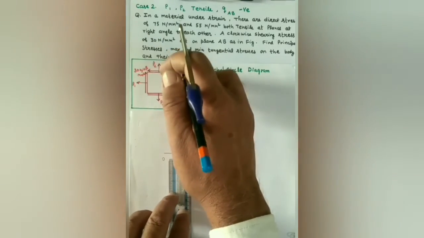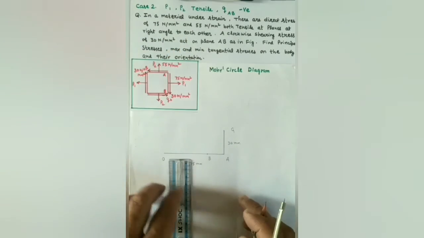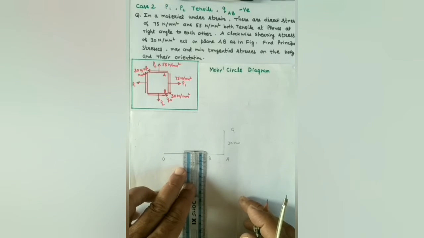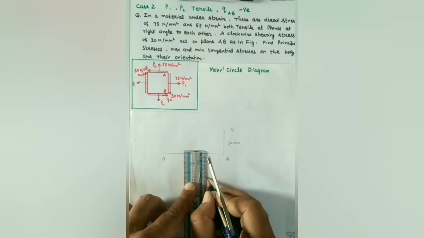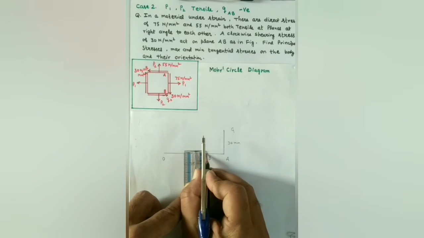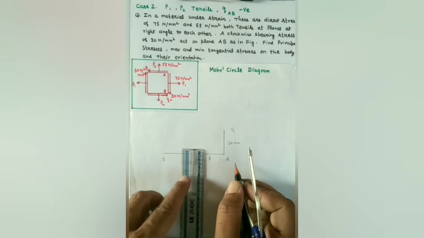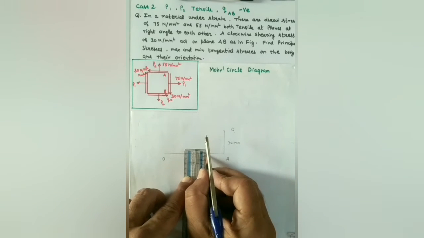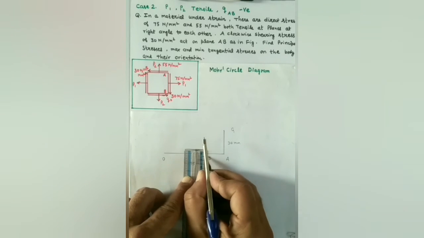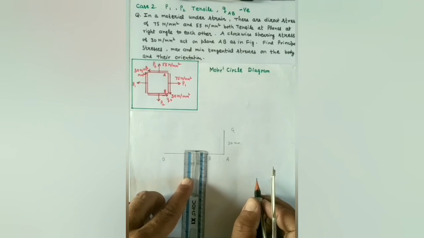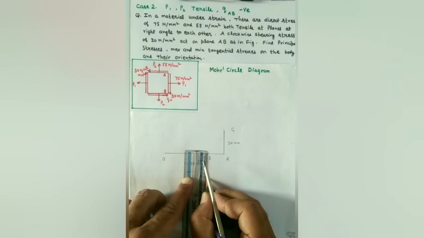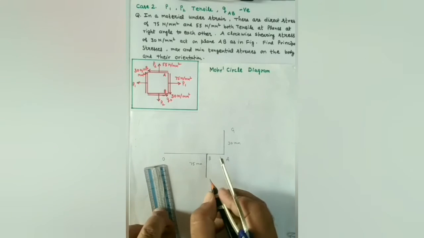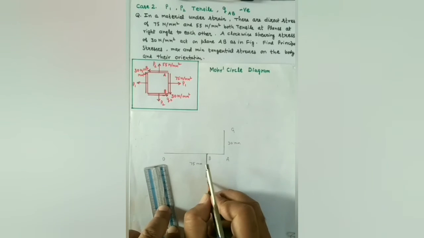On plane AC, the shear stress rotates it in the anti-clockwise direction. So from B, draw a line below the x-axis representing positive shear stress of the same magnitude, 30 Newton per mm square. So draw a line of 30 mm from B below the x-axis. Let this point be H.